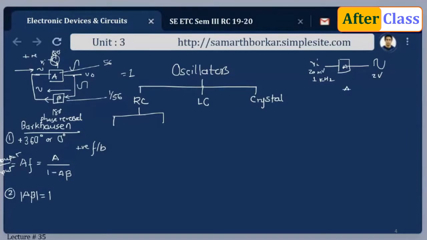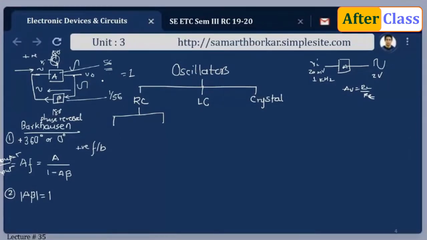And if you remember, the voltage gain can be controlled by RL by RE. So by properly selecting the values of RL and RE, you can accordingly select the gain of the circuit. Now, this has to be the case. And this 56 value I have taken from the derivation that we did in the last class for the RC phase shift.